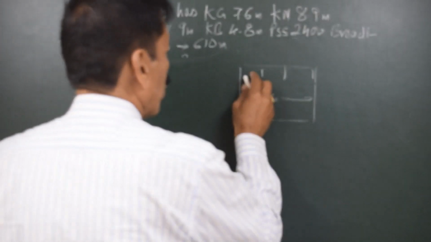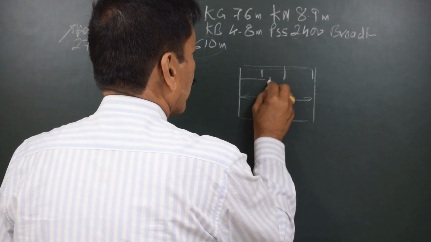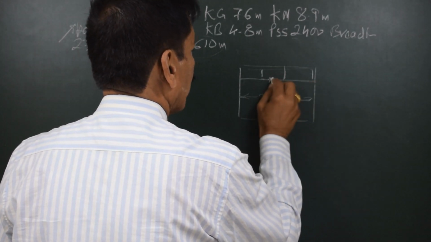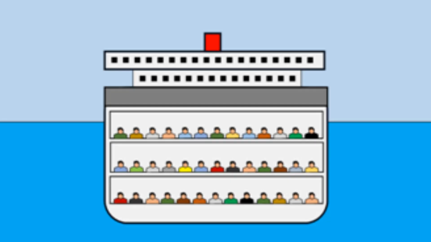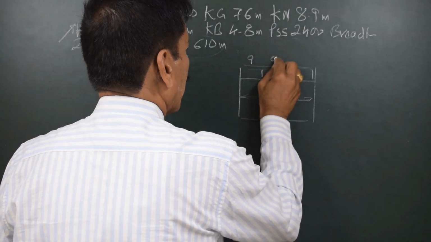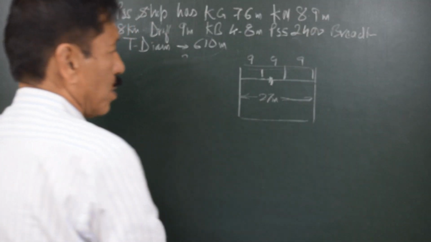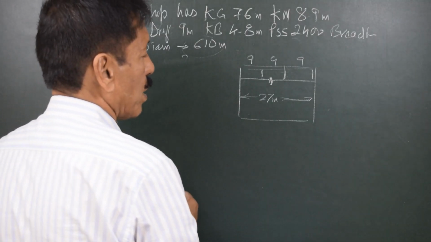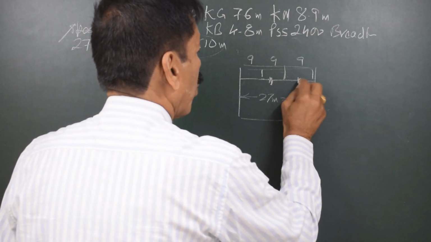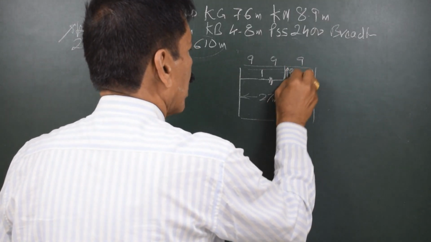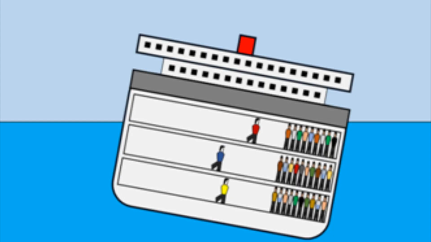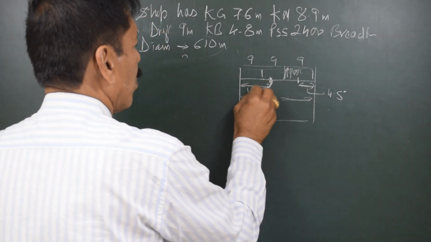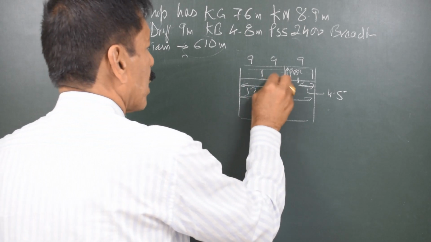Originally the center of gravity of the passengers was halfway, on the center line. You can say this is 9 meters, 9 meters, 9 meters, because the breadth is 27 meters. Now this point where the passengers get concentrated, 1/3, is 4.5 meters from one side. Over here the distance from the other side is 13.5, because originally the center of gravity was here.